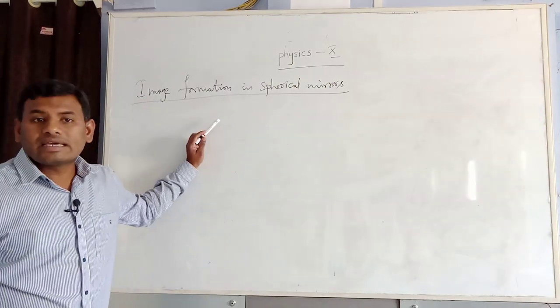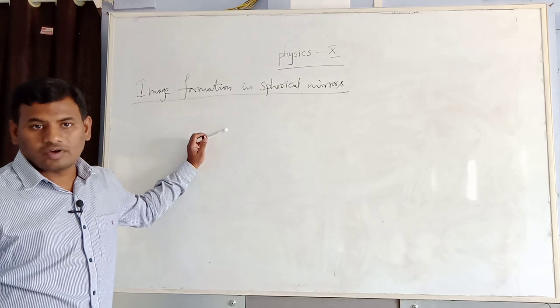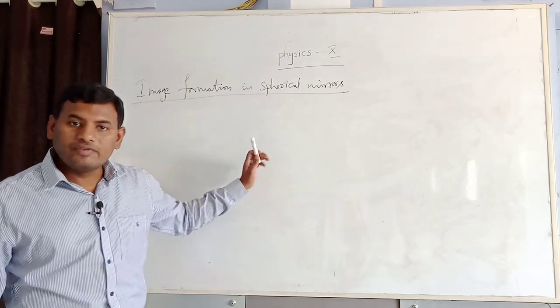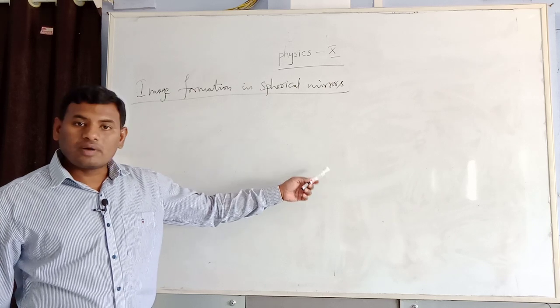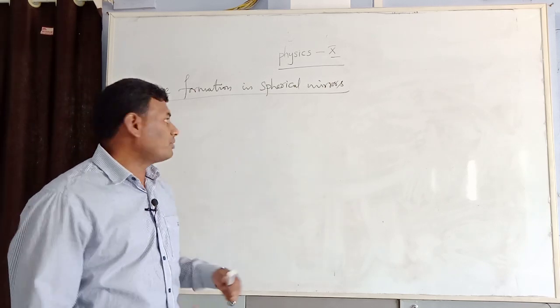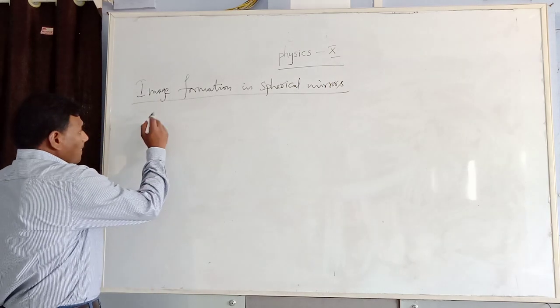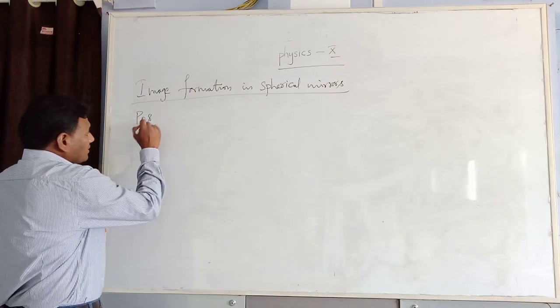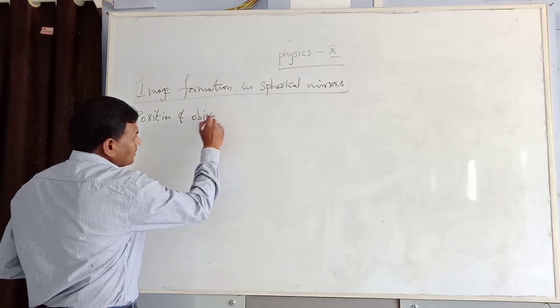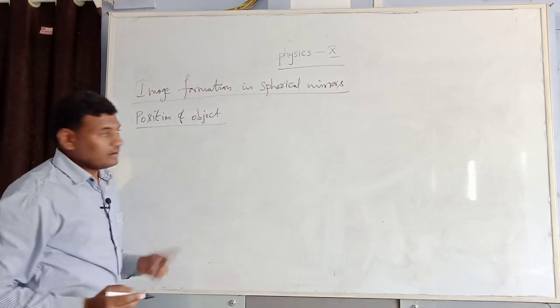For this, we will consider 6 different positions of the object, and for that we will draw the ray diagram and we will see how the image is formed and where the image will be formed. That is, the nature of the image and the characteristics of the image that is formed. First is the position of the object.